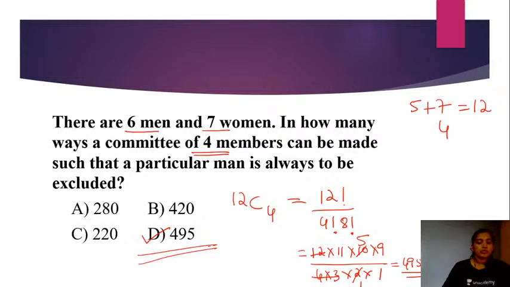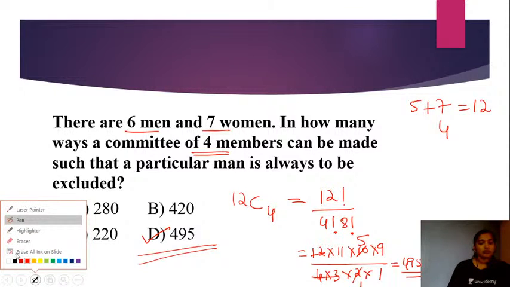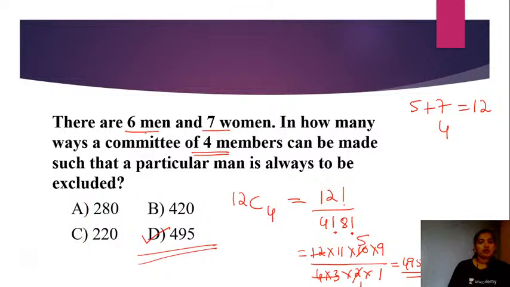So if you have observed the questions that we have just done, here in this case one particular person was excluded. So you could take this as the learning, students. Suppose you have n people, and out of them you need to select r people.